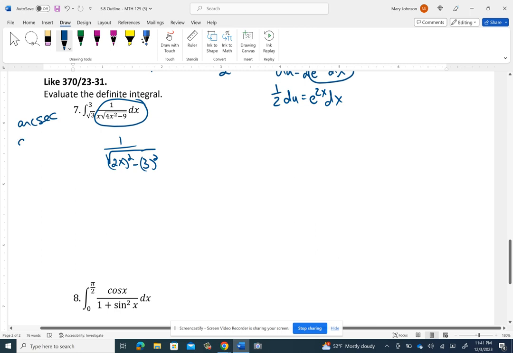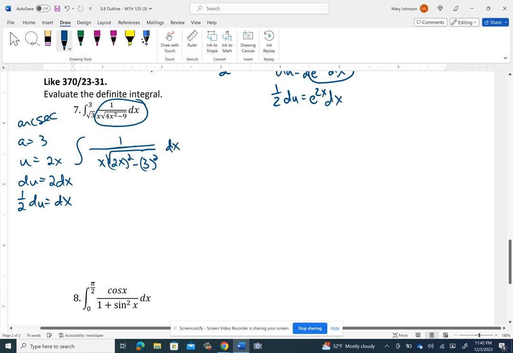I think you can see that the a would have to be 3 and the u would have to be 2x. And then if the u is 2x, then du would be 2 dx. So I'll need to get rid of that 2 to be ready to make a substitution on that piece. Then we've got this x out in front, which isn't quite what I need it to be, is it?